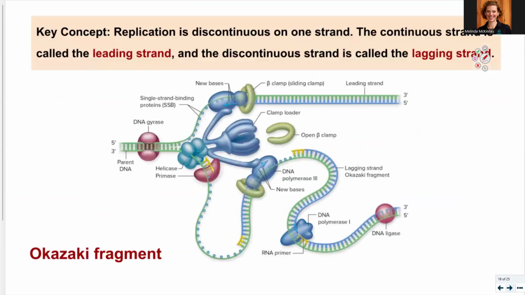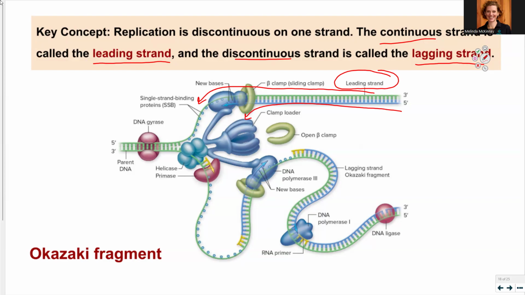So this results in a leading strand, which is going to be continuous, and a lagging strand, which is going to be discontinuous. So up here on the top, this leading strand, DNA polymerase can just keep going straight, no problem, right? It's adding on new nucleotides.